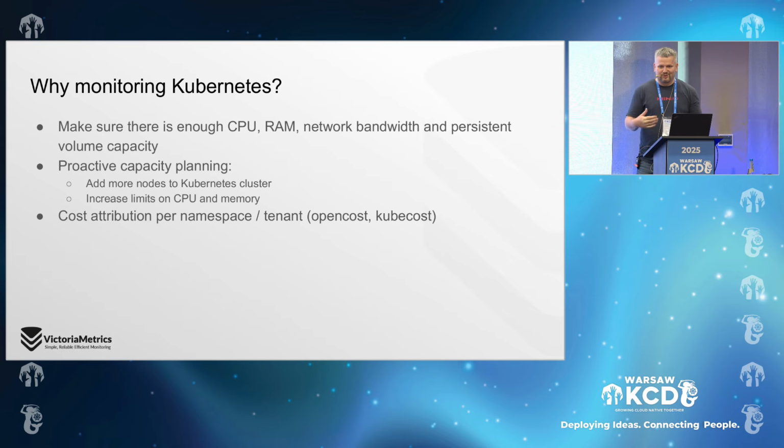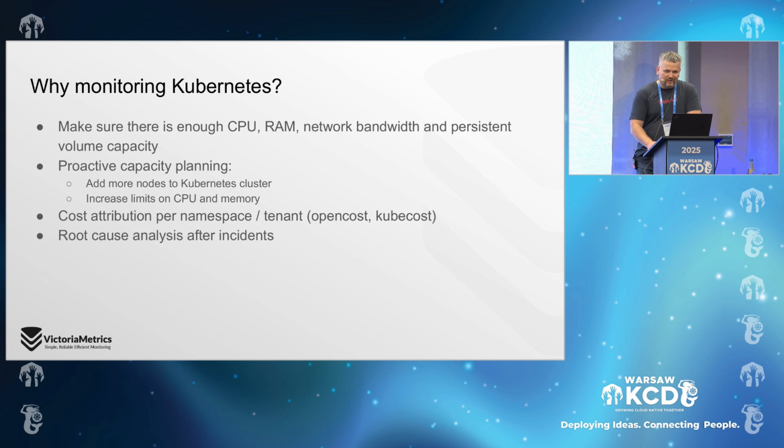It is good to be able to measure costs and attribute this cost to each such team, and monitoring helps in this case. There are projects such as OpenCost and KubeCost, which help significantly with this. And these projects are based on observability signals such as metrics.